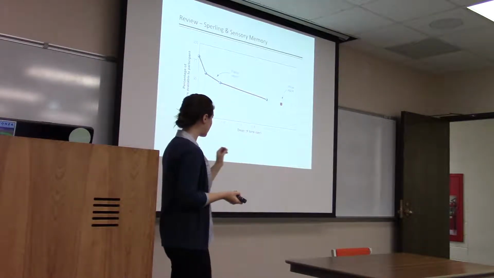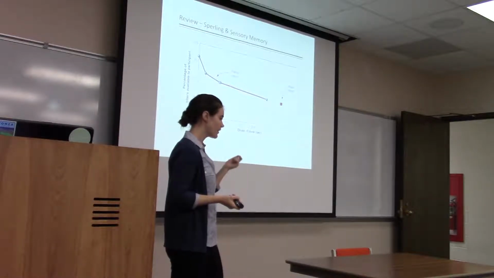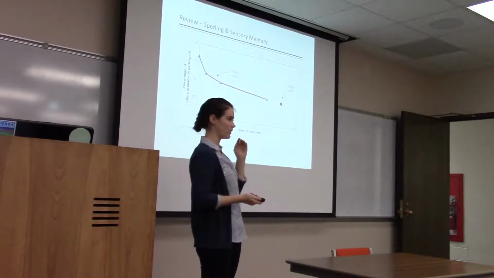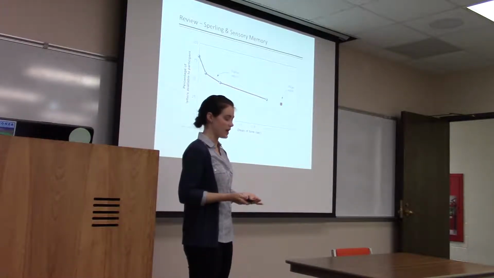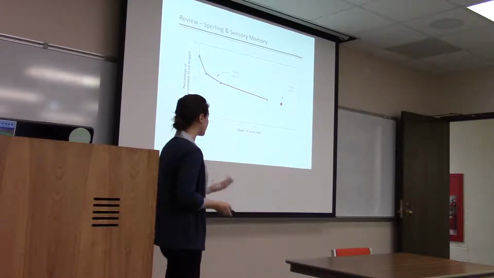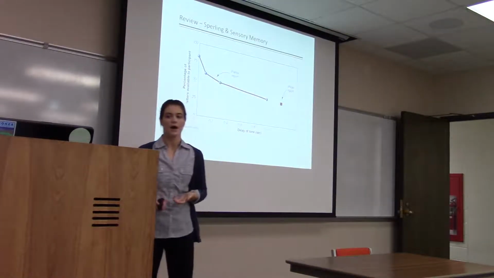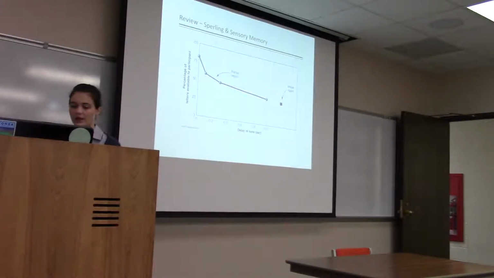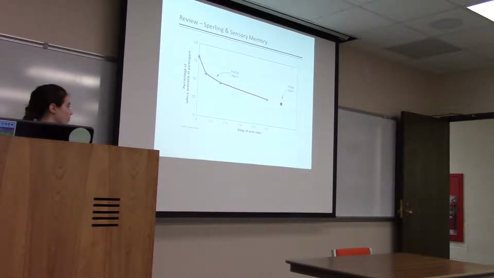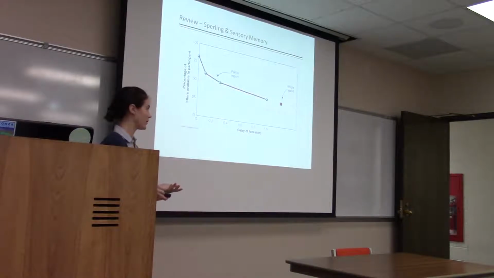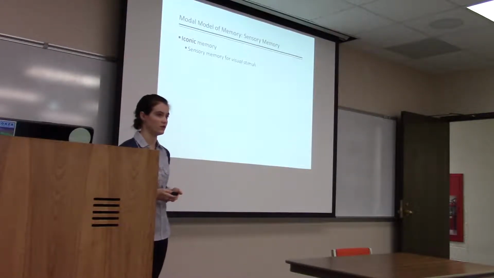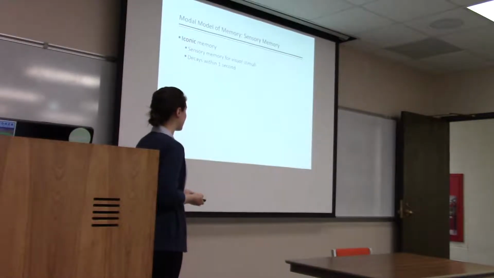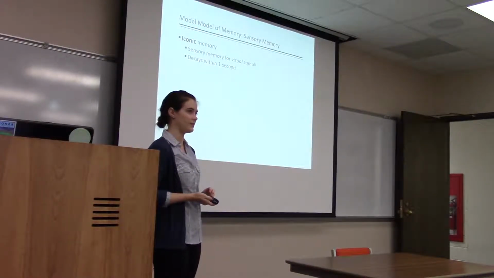But if you can pinpoint certain aspects of the matrix, so if you guide them towards a certain row, they're able to remember more of the letters. And so what this experiment was showing was that basically you have this decrease in performance due to the rapid decay of something called iconic memory.